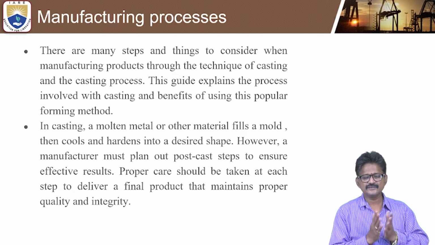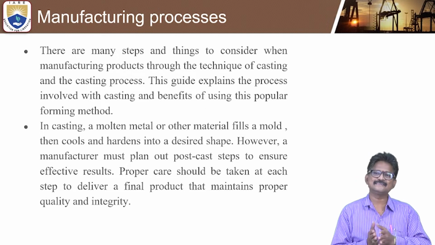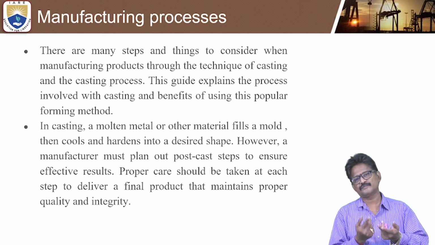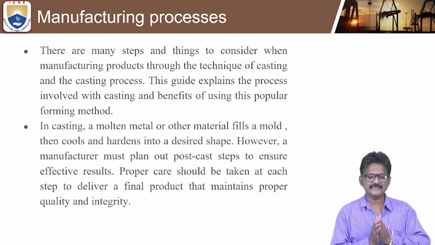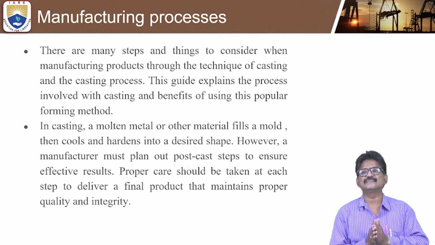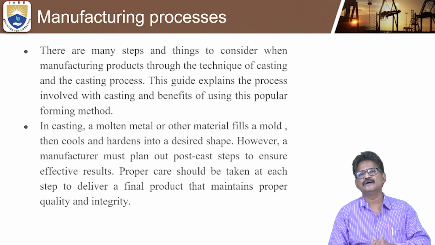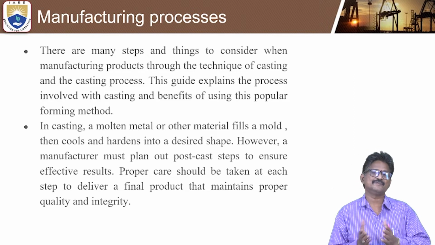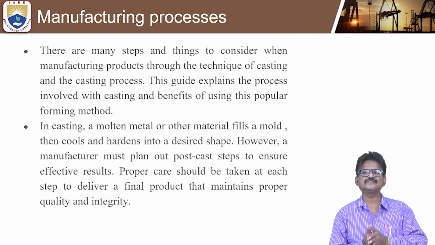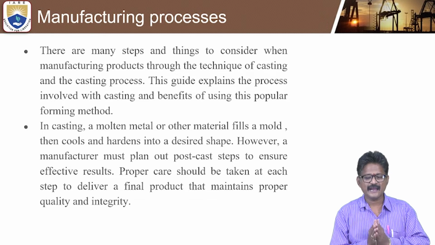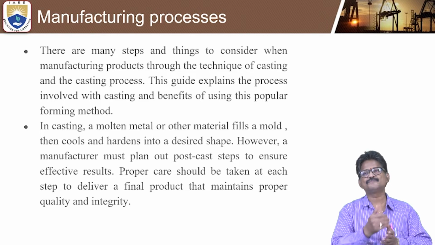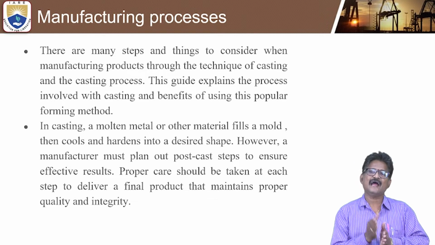As you know, in a casting, whether sand casting or metal casting, the molten metal is prepared in a furnace, either a blast furnace, cupola furnace, or induction furnace, and on the other side they prepare the pattern and the mold.